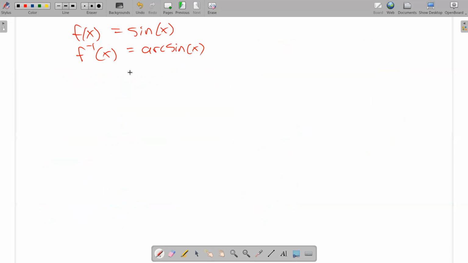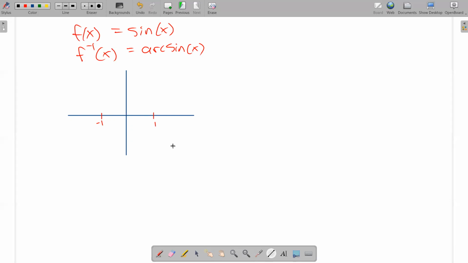And its graph, we can reproduce. Let's get a better line. Its graph is going to have a domain from -1 to 1. So let's say here's -1 there. And here would be about 1 there.